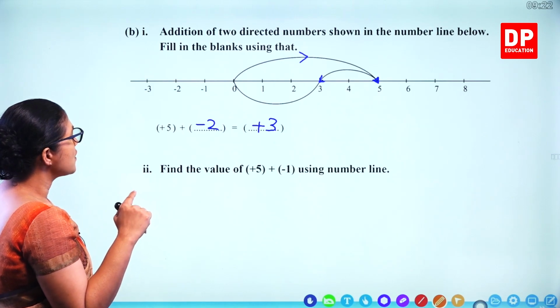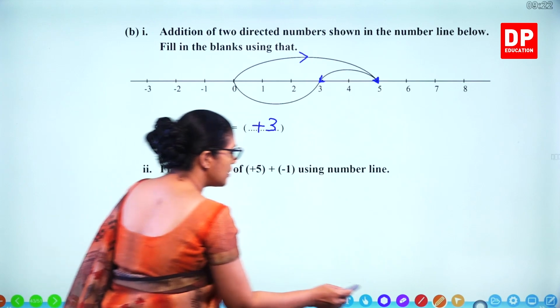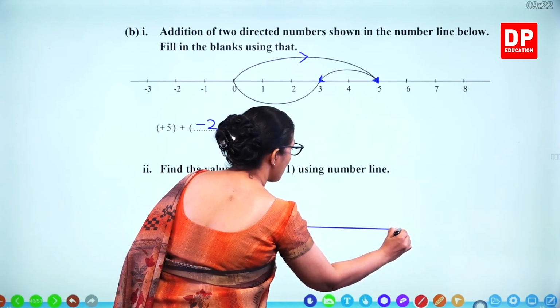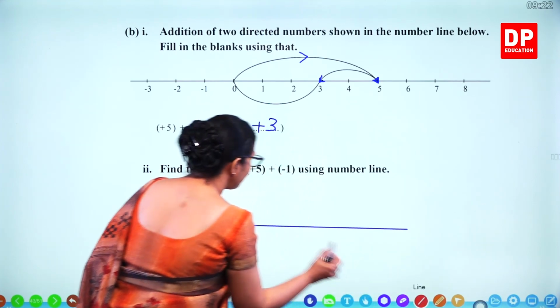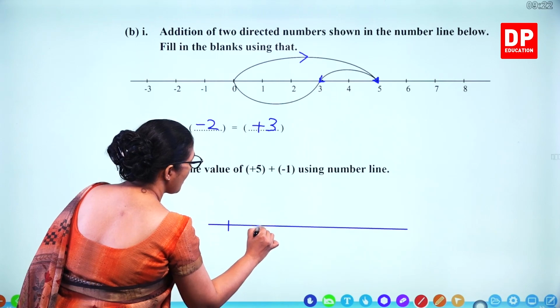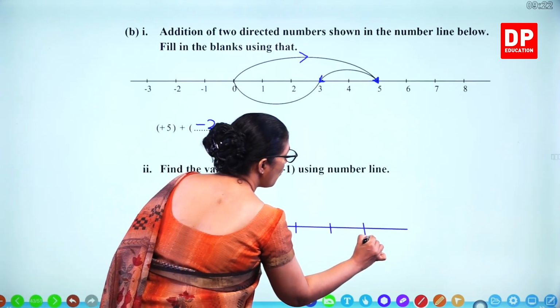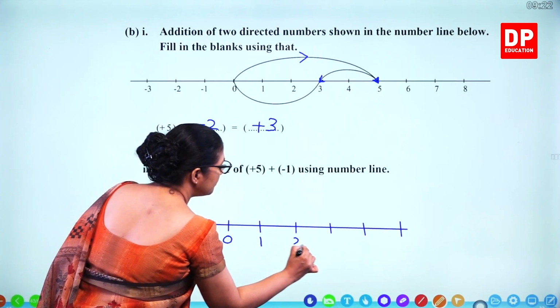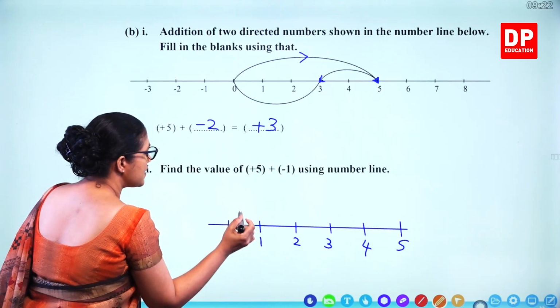Find the value of plus 5 and minus 1 using number line. So we can draw a number line, plus 5 and minus 1. So we will start from 0, 1, 2, 3, 4, 5. Plus 5 is there.